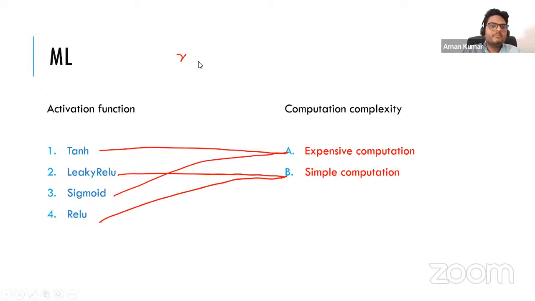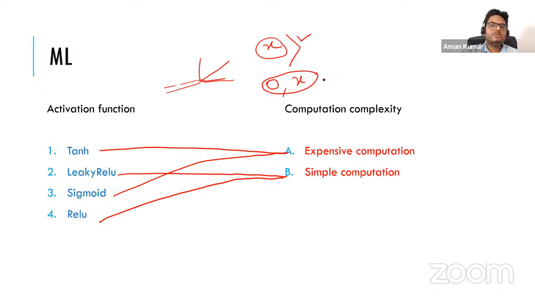f(x) is equal to x. Okay. The computation is simple in ReLU and Leaky ReLU, right? If you see the graph, one is like this and one is slightly like this. So it is like f(x) is equal to x for ReLU, and for the other one it is 0 if it's negative and x if it's a positive number, right?